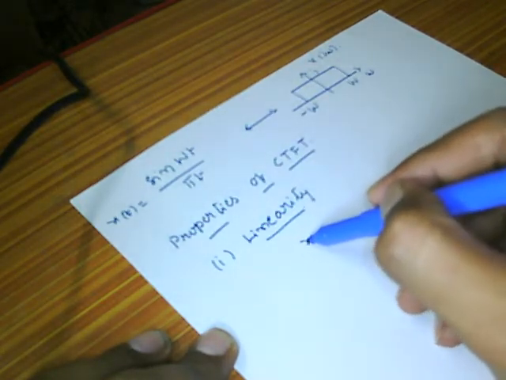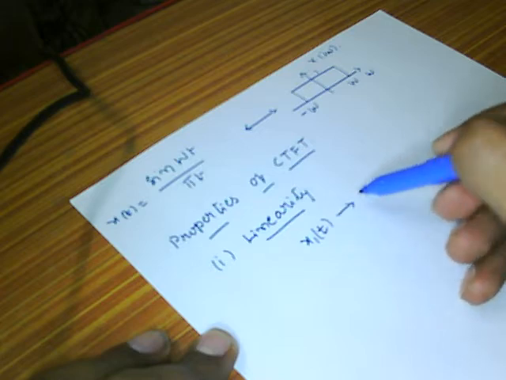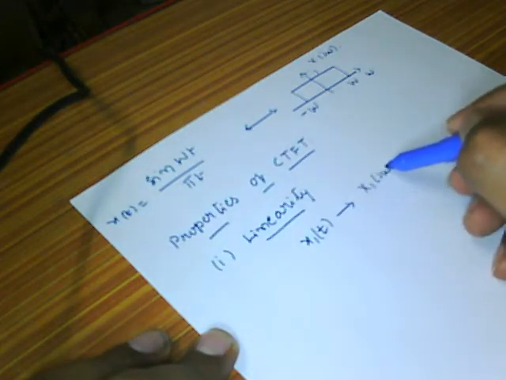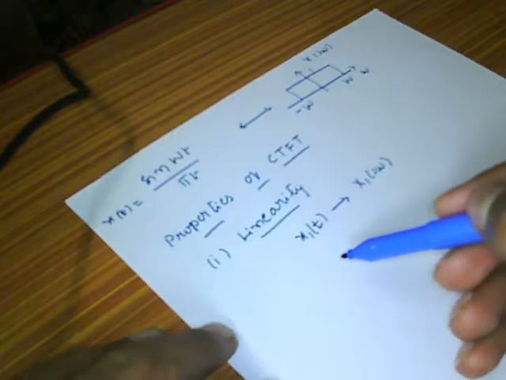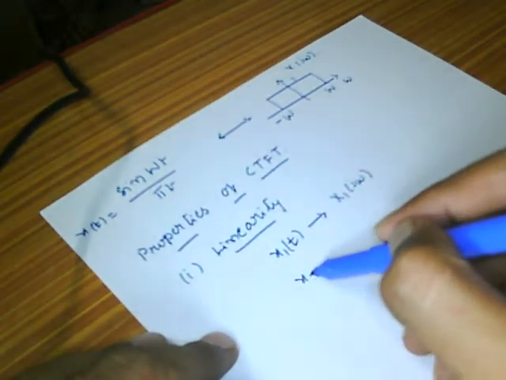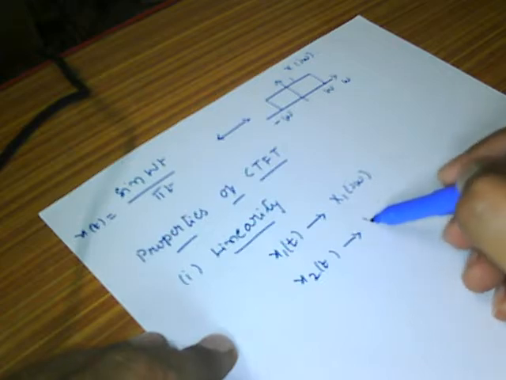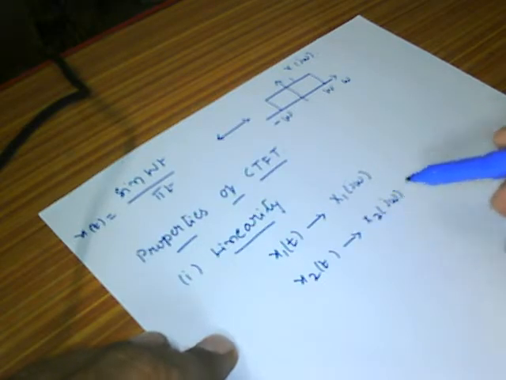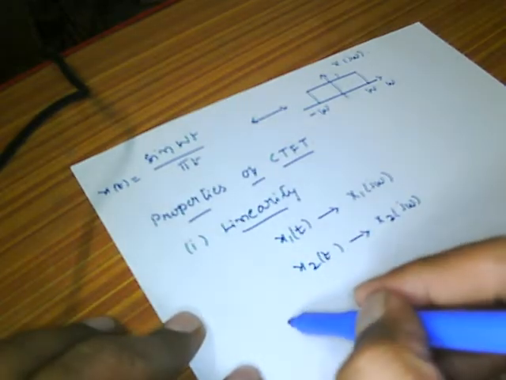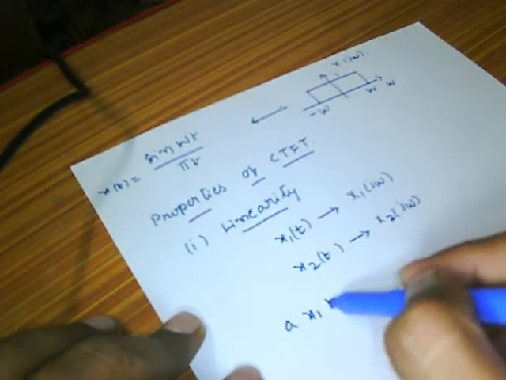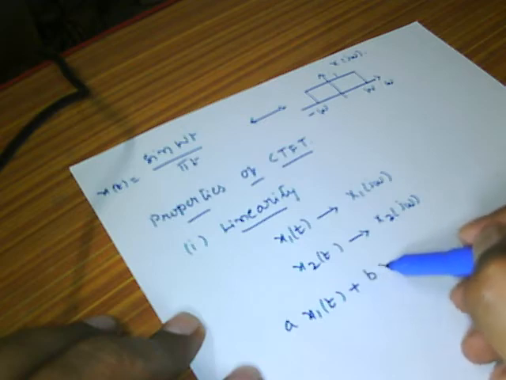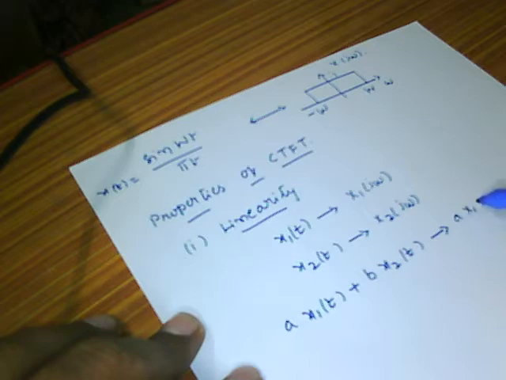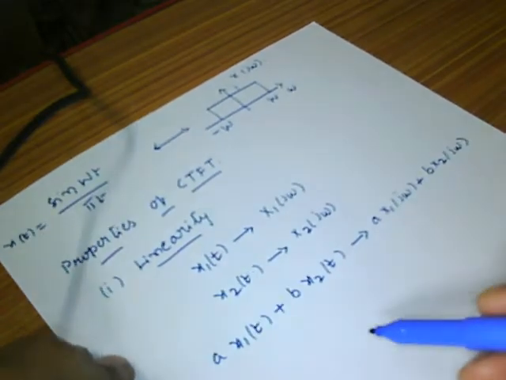So it says that if x1 of t has x1 of j omega as a Fourier transform, and x2 of t has x2 of j omega as the Fourier transform, then a x1 of t plus b x2 of t will have a x1 of j omega plus b x2 of j omega as the Fourier transform. So this is the linearity property.